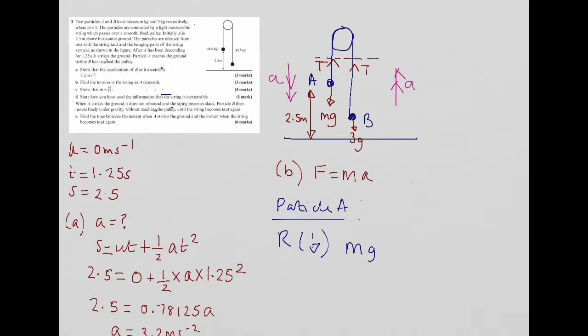The forces acting in the opposite direction, so against motion, is T, so it's subtract T. So mg acting down, so it's mg subtract T. And that must equal our mass, which we don't know, times our acceleration, which is going to be 3.2.